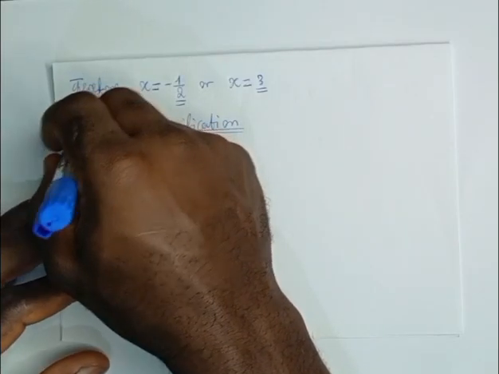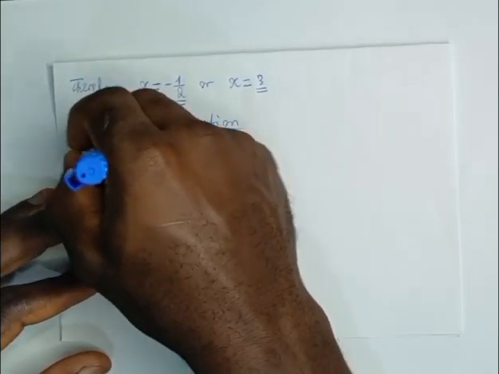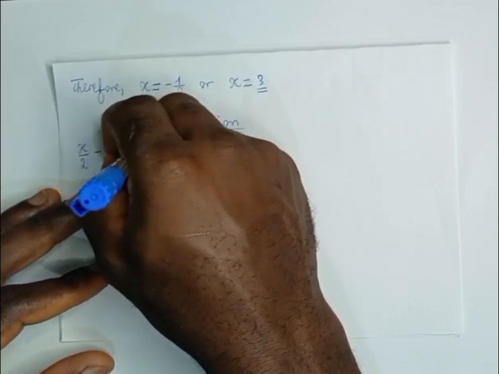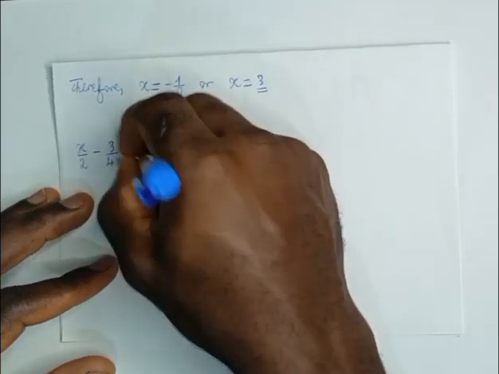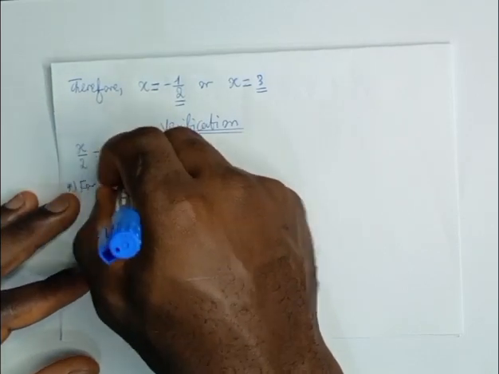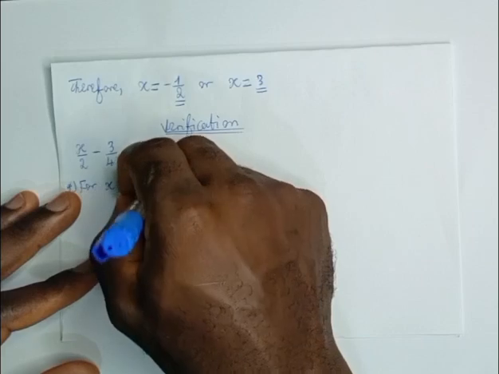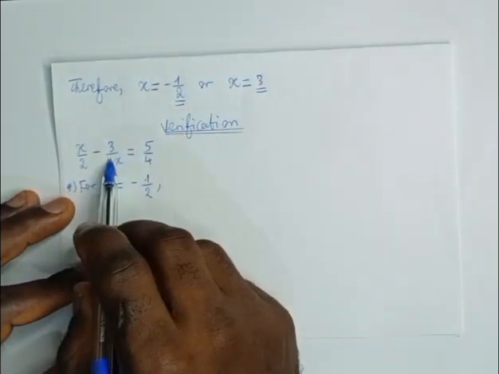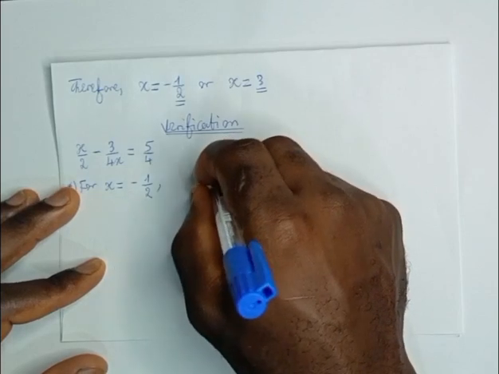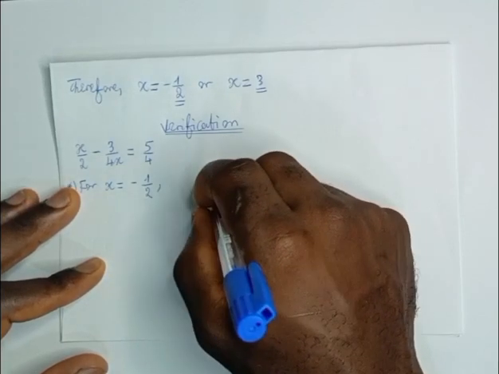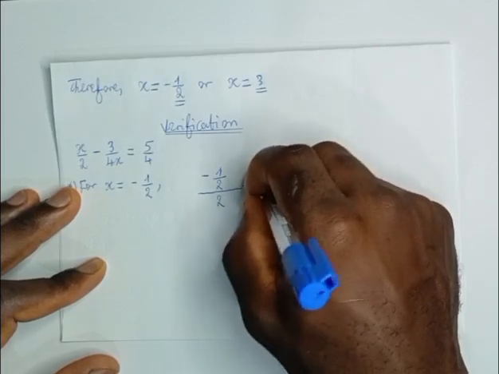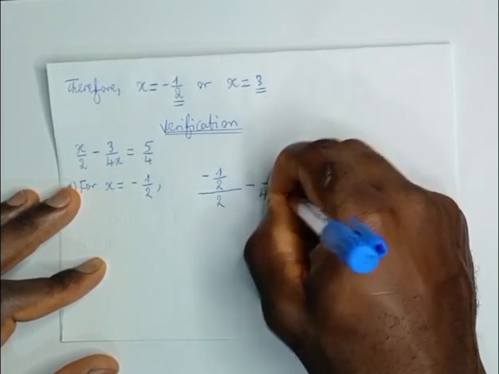We have x over 2 minus 3 over 4x is equal to 5 over 4. We take the first one, for x equal to negative a half. We have to verify. That means we have to replace x with negative a half at the left hand side. Negative a half divided by 2 minus 3 over 4 times negative a half.